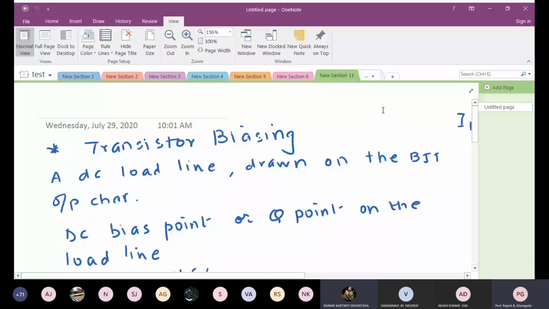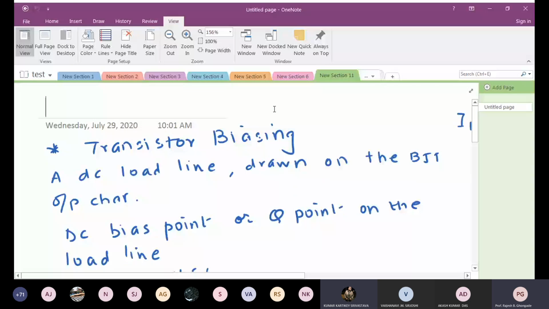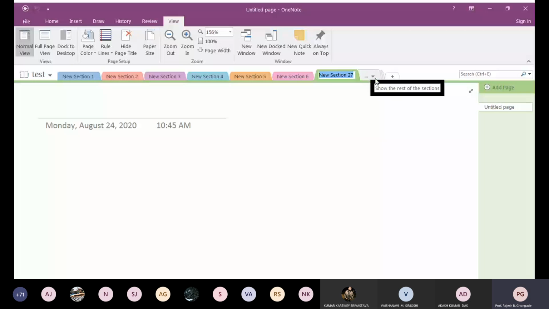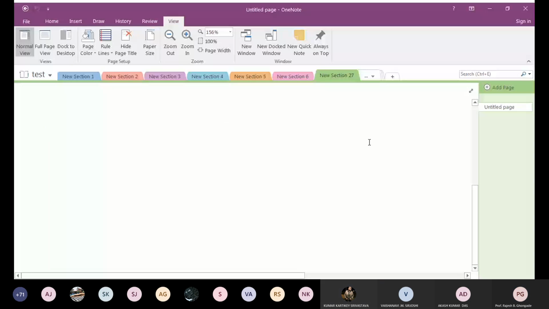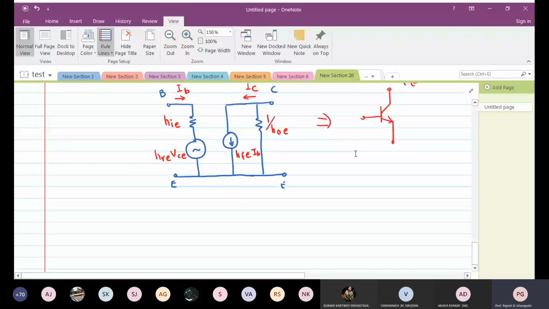Come on, students, tell me. In one of the lectures we did do this. Yes or no? Yes, sir. We have seen these parameters. There was a separate lecture on H parameters, right? Okay, if you don't recollect, let me refresh it for you.